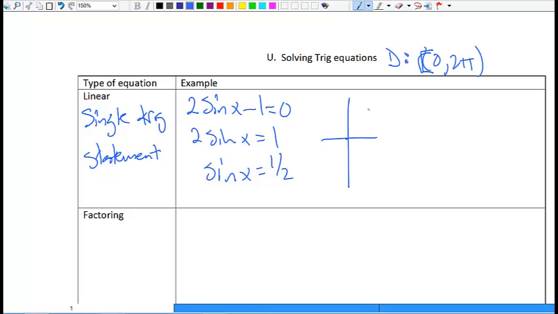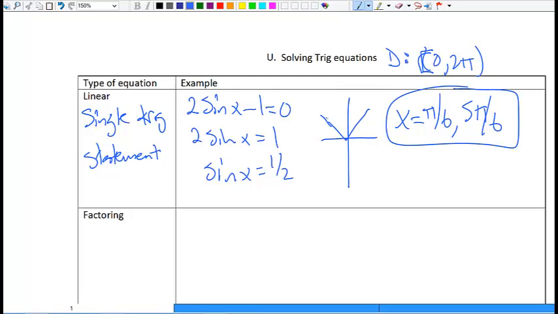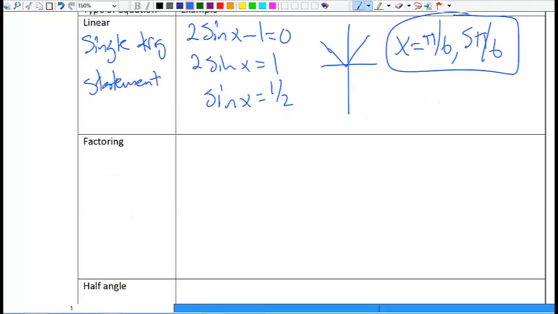Well, I know it's positive in the first, and I know it's positive in the second. So there's got to be an angle that has that corresponding sine value, and that would be x equals pi/6 and 5 pi/6. And you're going to see a lot of these little sketches of the unit circle where I'm just trying to remind myself of all the various places that I want to find for my solutions.